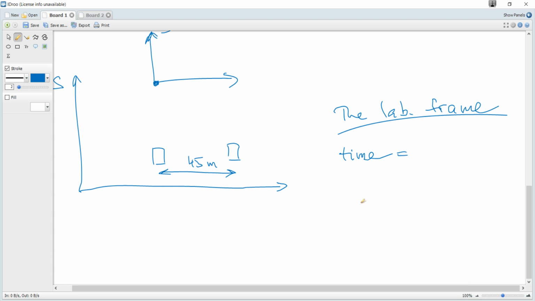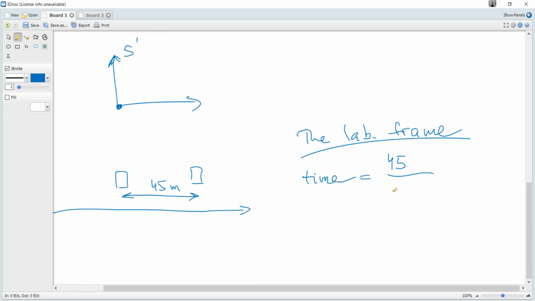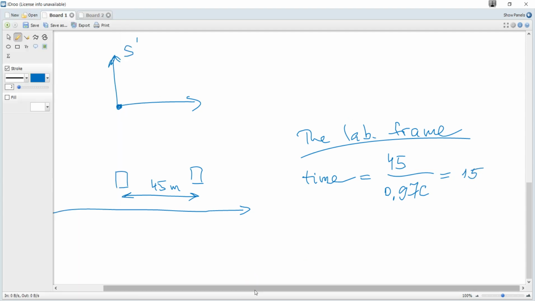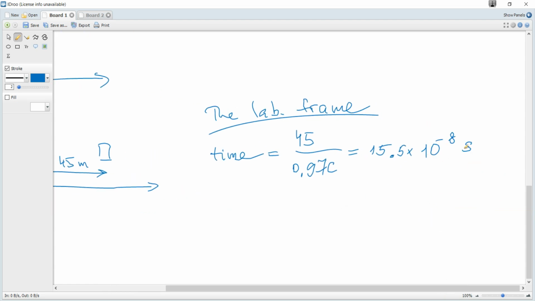The time becomes 45 divided by 0.97 c, and it is equal to 45 divided by 0.97 and divided by 3, and it's 15.5 times 10 to negative 8 seconds.